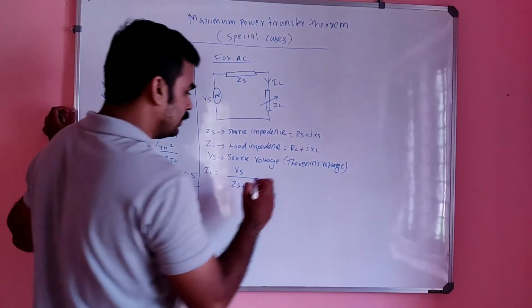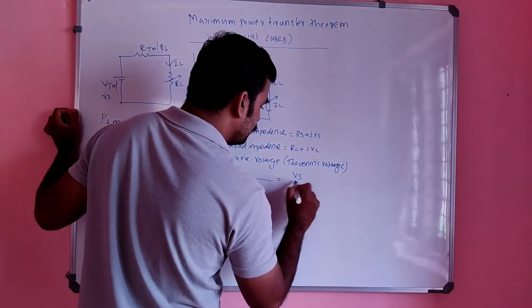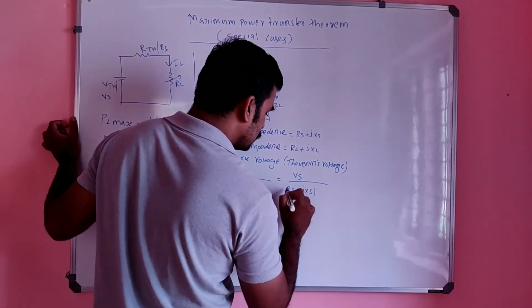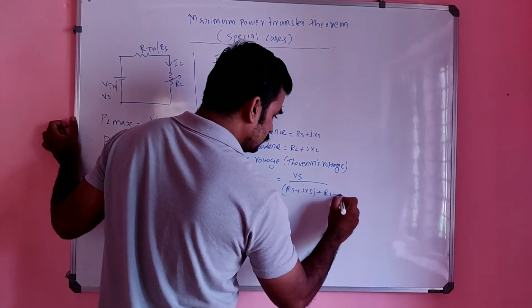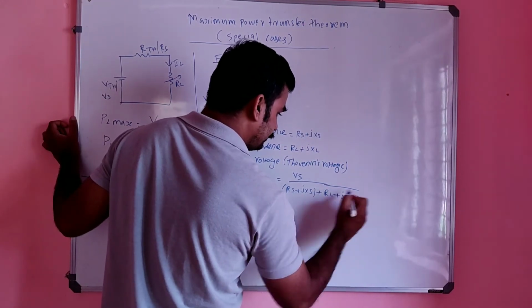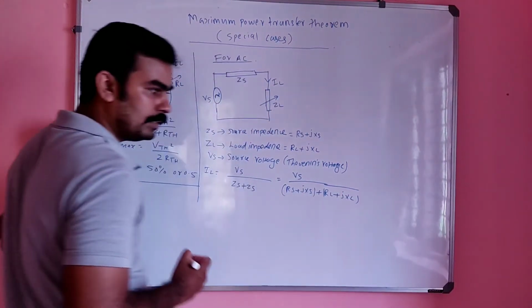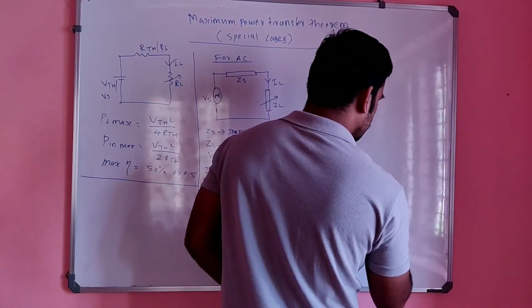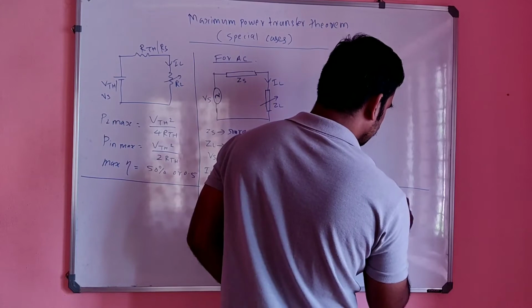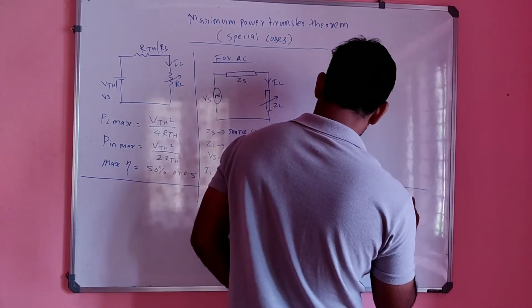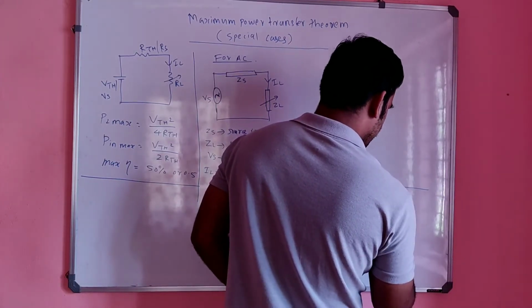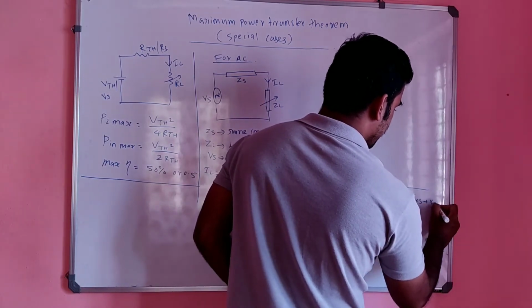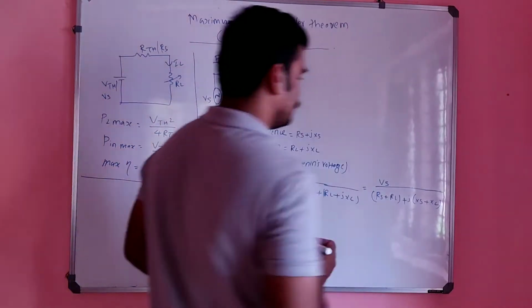Or in other words, Vs divided by the sum of the impedances.